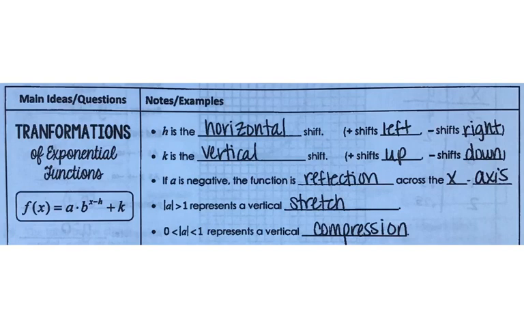All right, so you'll notice that a lot of them are really familiar with the ones that we did last chapter. So like H is the horizontal shift again. Think about H, horizontal. But you have to notice H is up here. So H is going to be in your exponent, if it is your exponent plus or minus something. And the same thing, it's going to be opposite.